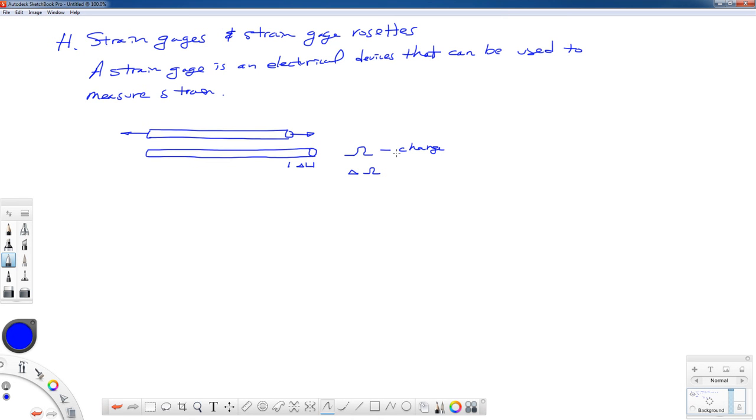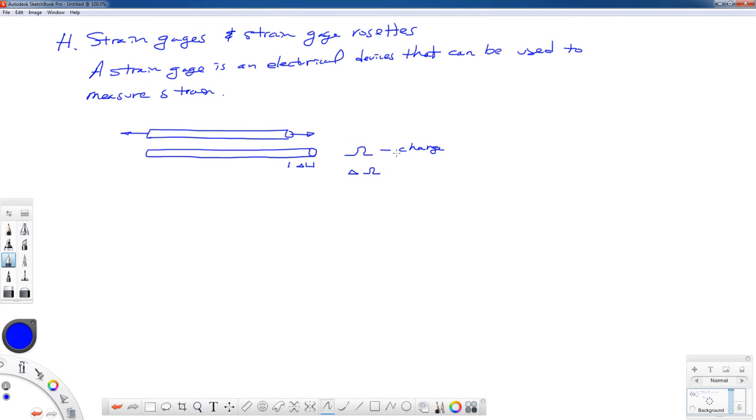The problem with using a single wire as a strain gauge, it's possible, but the change in resistance is really tiny. We're talking about maybe micro ohms. It's a very small change in resistance. To get something that's very measurable, you might have to have something that's longer than your component that you want to test.